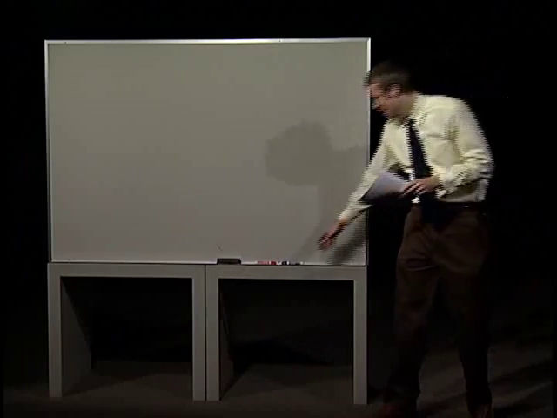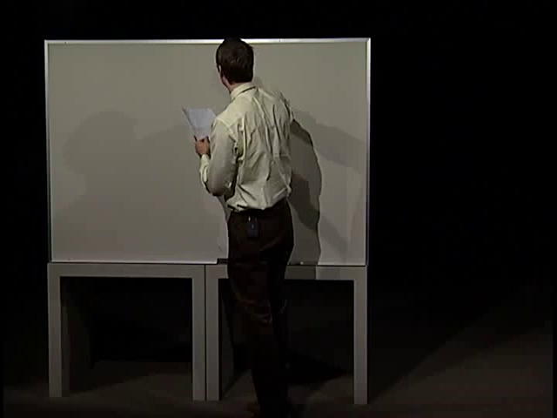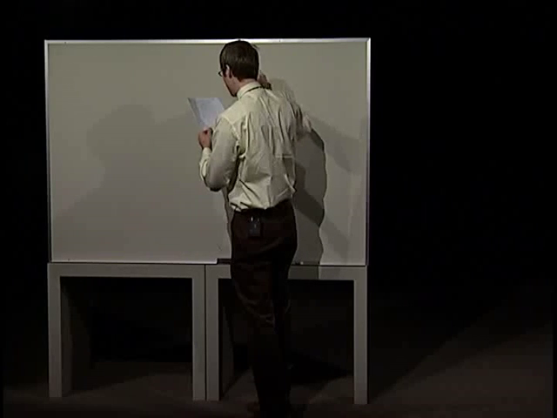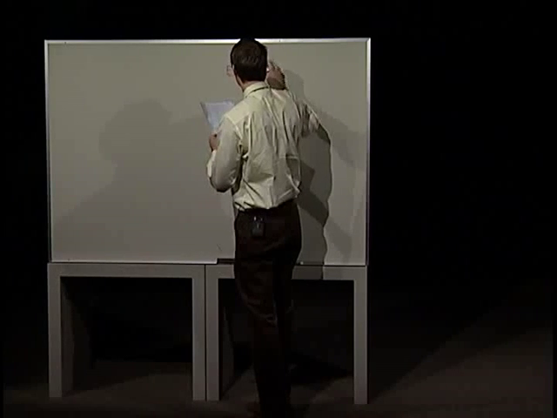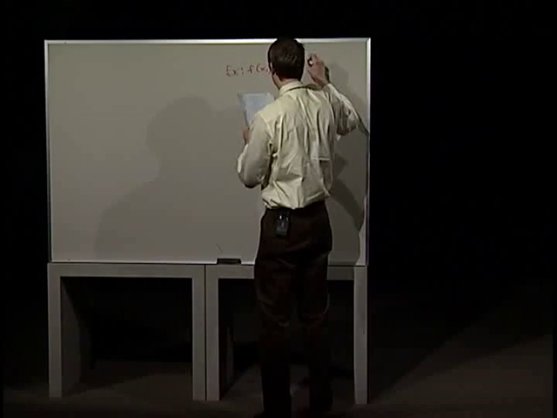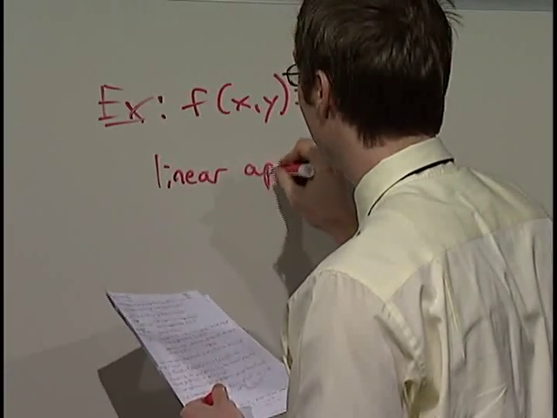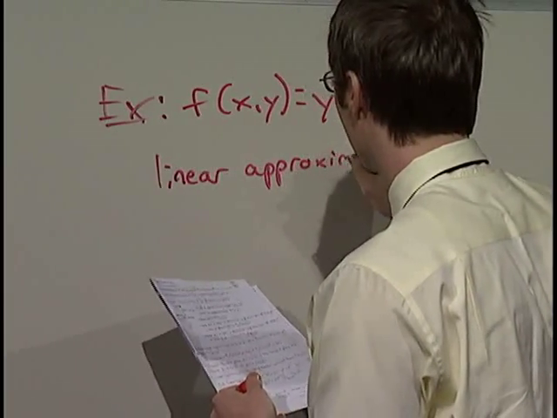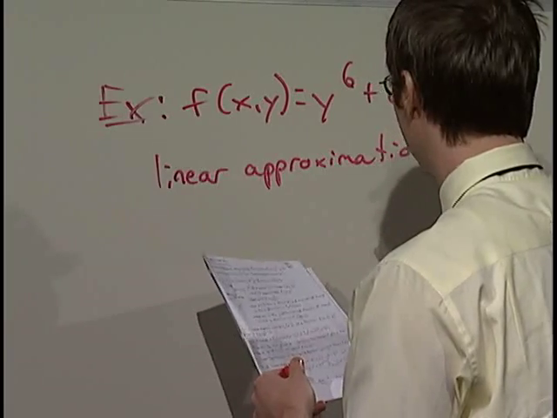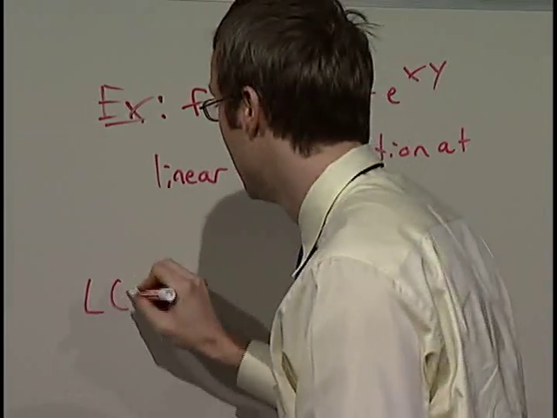But first, I want to make a clarification from the previous lecture. If you recall, the last lecture ended with this linear approximation, something like y to the sixth plus e to the xy, and I wanted to find the linear approximation at the point (1, 0). Well, we found it.